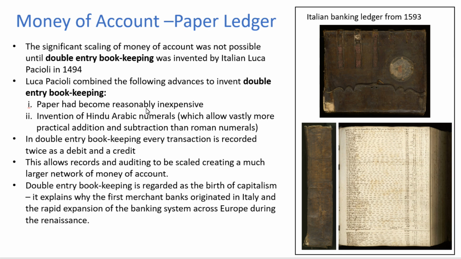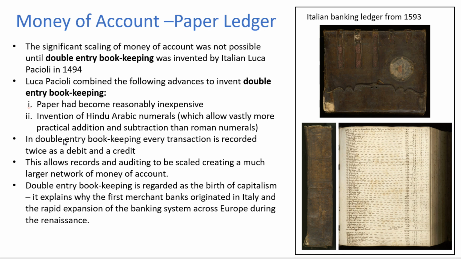Particularly, paper had become reasonably inexpensive by this time, and also the invention of Hindu-Arabic numerals, because this numbering system, which is the numbering system we use today, allows you to take away as well as add quite easily, and it's a lot more practical when calculating large numbers compared with Roman numerals, which is the numbering system we were stuck with previously.